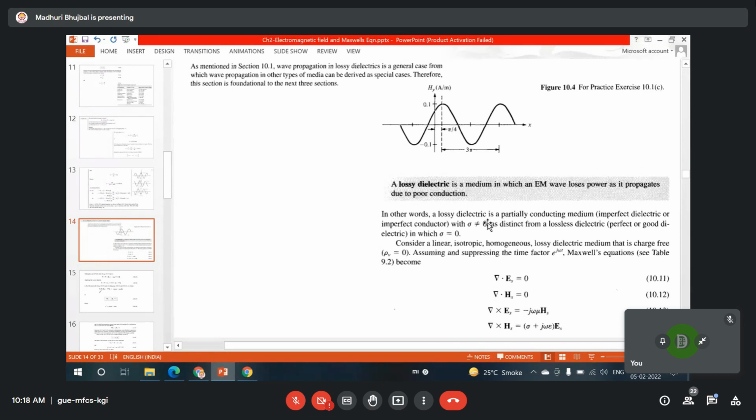Okay, so now that it is clear what is a lossy dielectric, and this is the general case, we will derive equations for this. Now write down, while deriving equations we are assuming something.